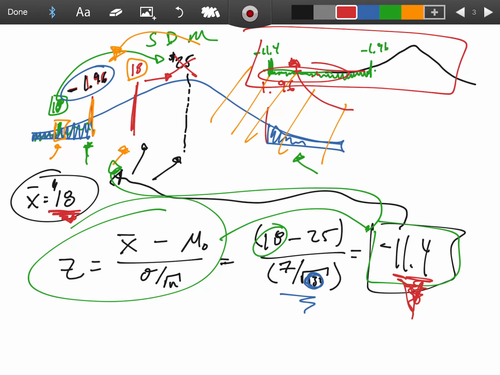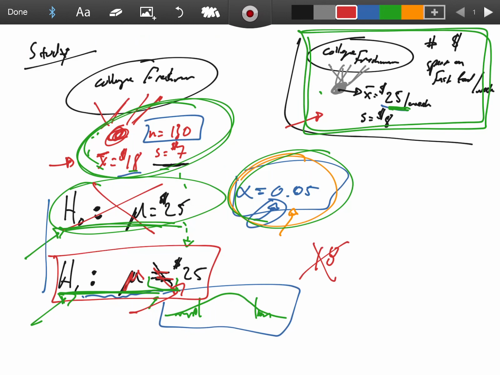It means that I can reject the null hypothesis. And we're deep, deep into the region of rejection. So I can go back and say, yes, reject the null, which means there is enough evidence to conclude that the mean has changed, which is all that I'm saying.